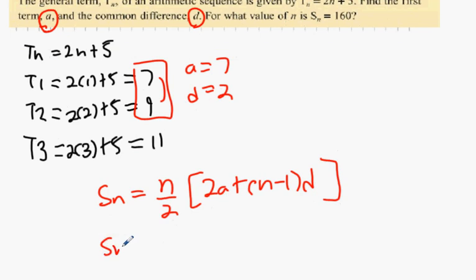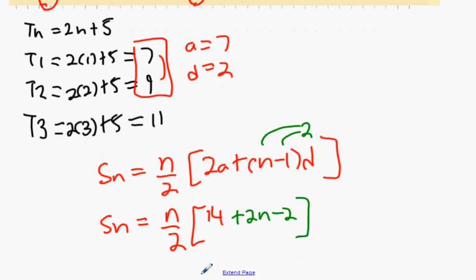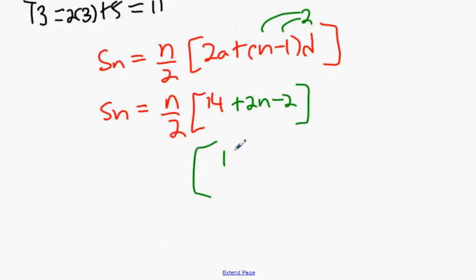So what's the Sn formula going to be? n over 2, brackets 2 times a, 14 times 2, d is 2, 2n minus 2. Finally, what we get is n over 2 multiplied by 12 plus 2n.